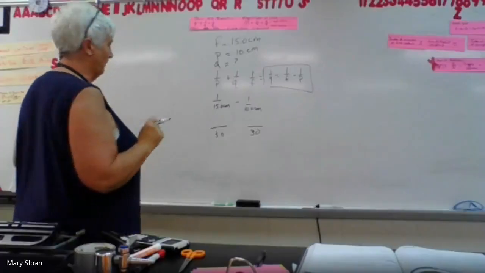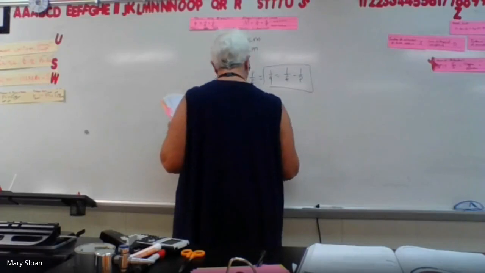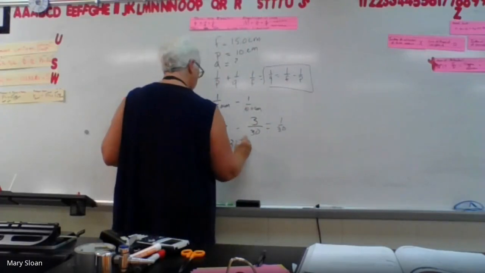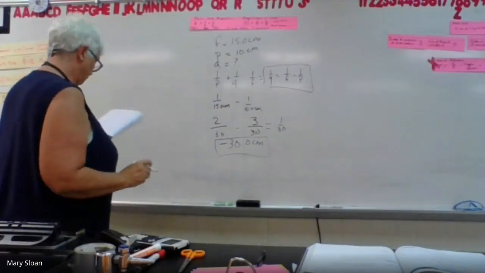Yeah, 30. So you would put 2 over the first one and 3 over the next one. Yes, and that would be negative 1 over 30. Which would be what number? Negative 30, right? Yes, ma'am. And that is my answer for that question.